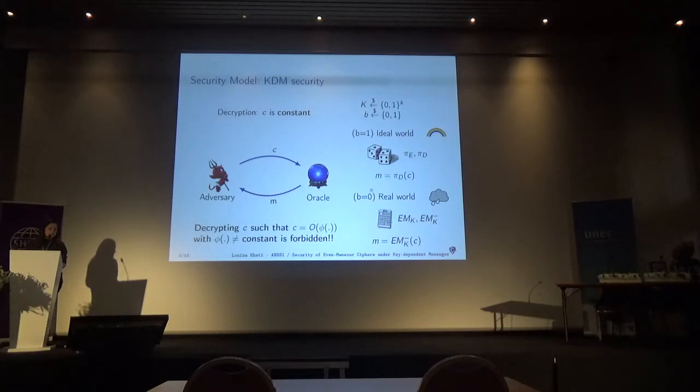And an important thing is that it's forbidden for the adversary to decrypt a ciphertext that is a key-dependent encryption, because otherwise he will easily retrieve the key. Let's imagine that the adversary asks to encrypt the key, so it will ask to encrypt the identity function, so he will receive the corresponding ciphertext, and then he can just ask to decrypt this ciphertext to recover the key. It would be too easy.